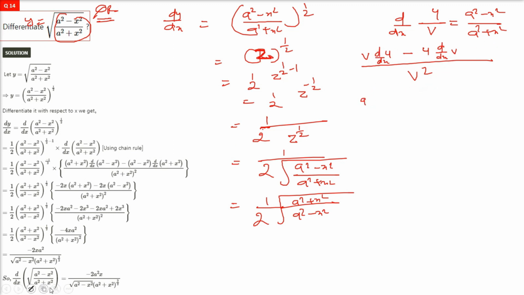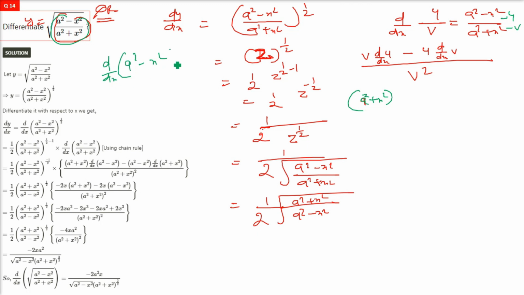So a square plus v is nothing but, you know what is u and v now. U is a square minus x square and v is a square plus x square. This is u, this is v. So a square plus x square is your v. D by dx of u. What is u? A square minus x square. A is a constant, x is a variable.